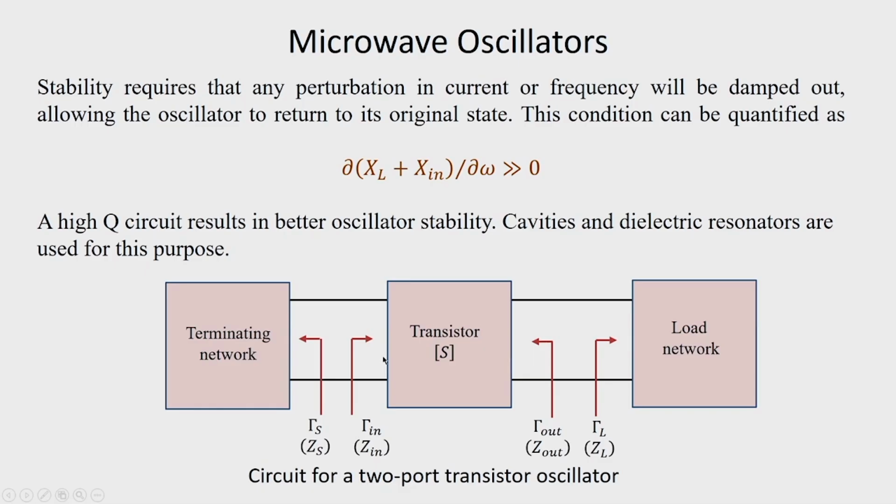Zin is the input impedance looking through these transistor ports, and the corresponding reflection coefficient is gamma in, and gamma s is the reflection coefficient looking into the terminating network. Similarly, gamma L is the reflection coefficient looking into the load network, and gamma out is the reflection coefficient looking through the output port of the transistor.